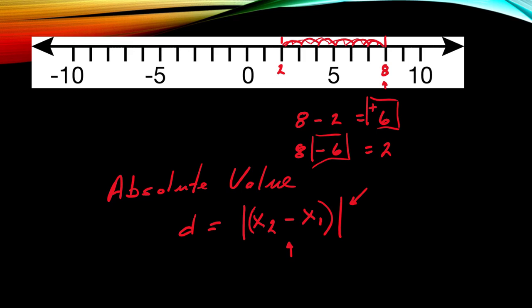For example, if I say the absolute value of -5 equals, it just equals a +5. And if I have the absolute value of +5, that also gives me +5. The point is that the absolute value always returns a positive number.